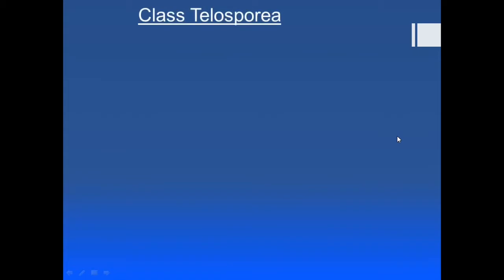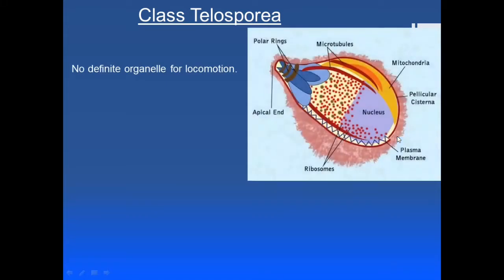Before going to the parasite, just a brief overlook over this class's properties that will be mainly present in each of the parasites that we will be studying. First of all, they don't have any organelle of locomotion, as we have said. Just have a look over here. This is a Plasmodium. As you can see, it doesn't have any cilia, flagella or pseudopodia, which are the organelles of locomotion.